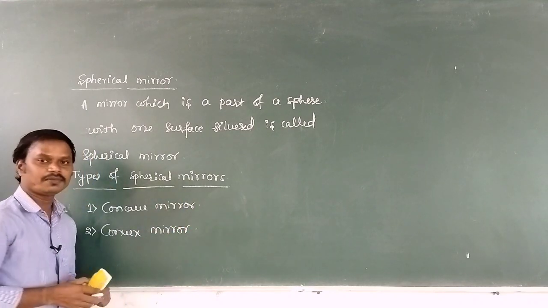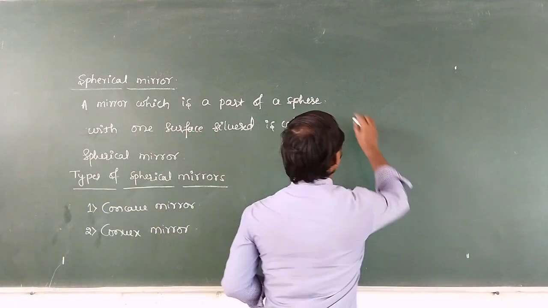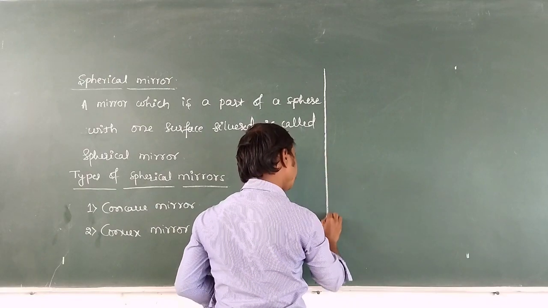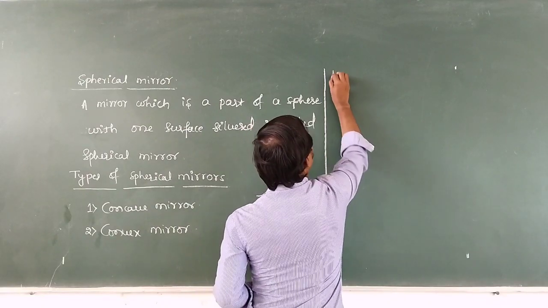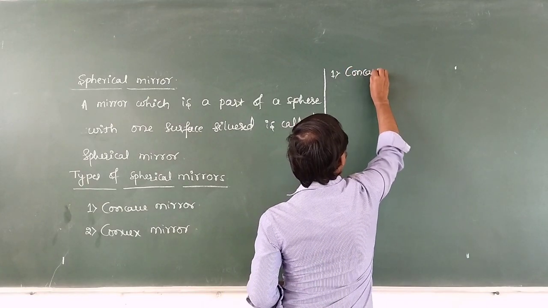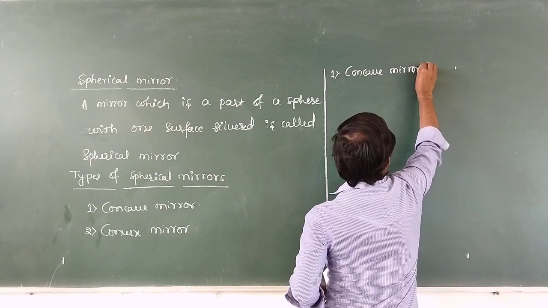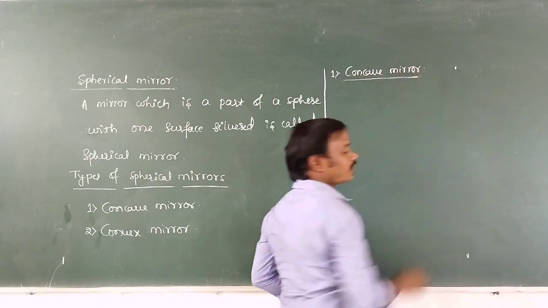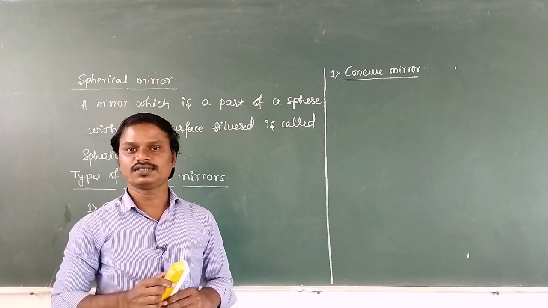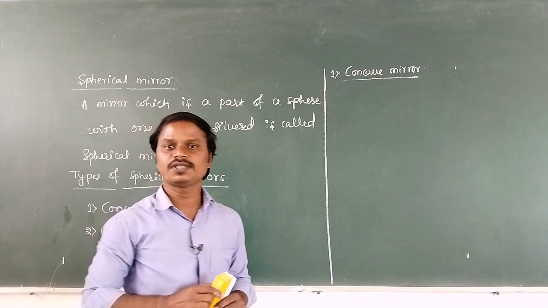Now what do you mean by concave mirror and what do you mean by convex mirror? First one, concave mirror. Then what do you mean by concave mirror? It is a spherical mirror whose reflecting surface is towards the center of curvature, or whose reflecting surface is towards the center of the sphere.